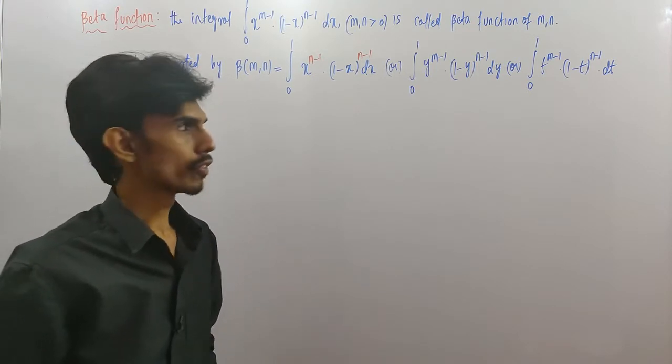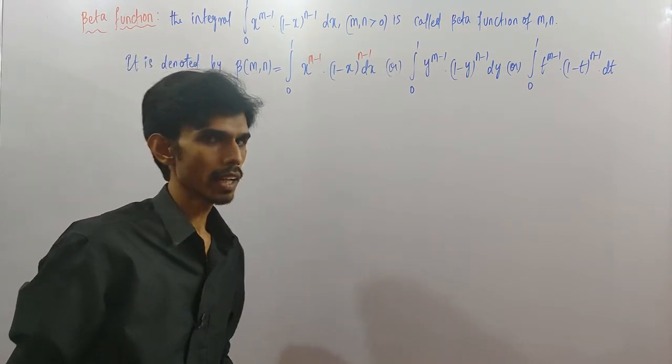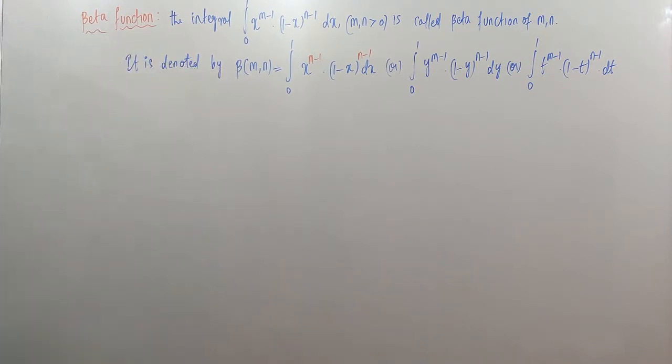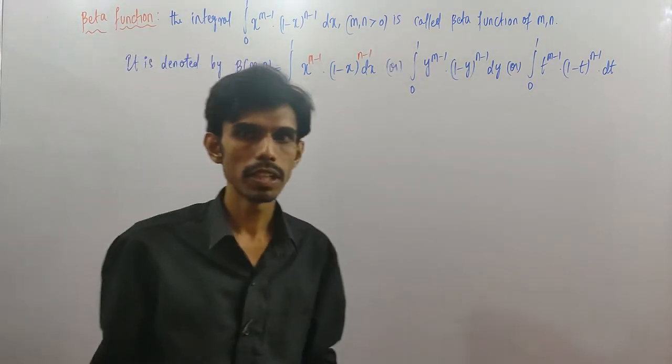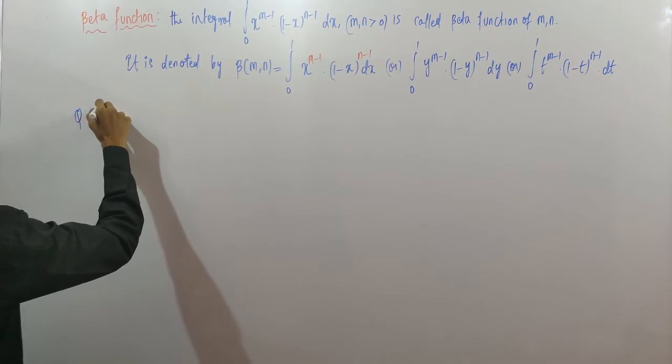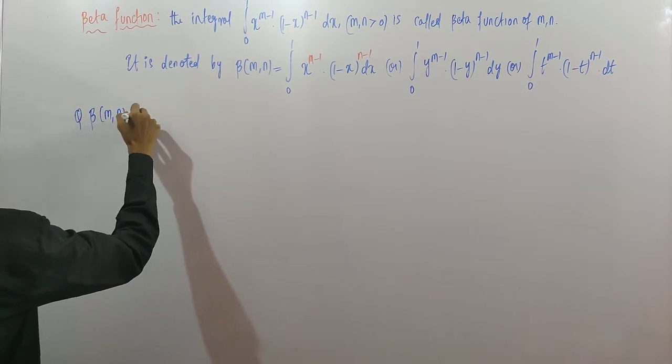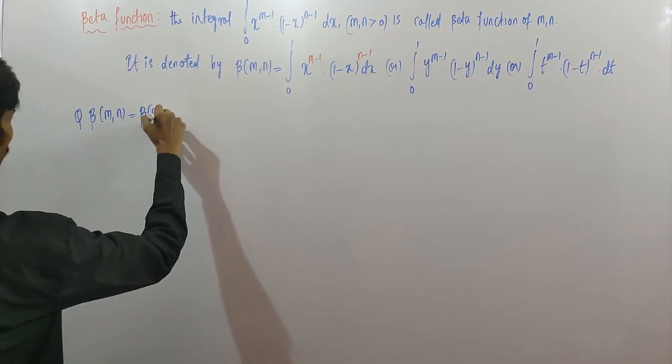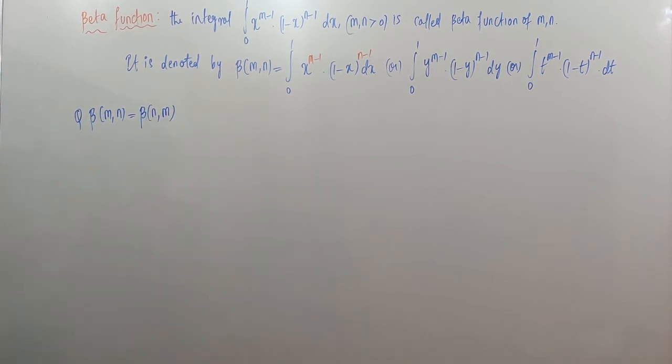These are the various ways of expressing beta m comma n. One of the important properties of this beta function is beta of m comma n is equals to beta of n comma m.